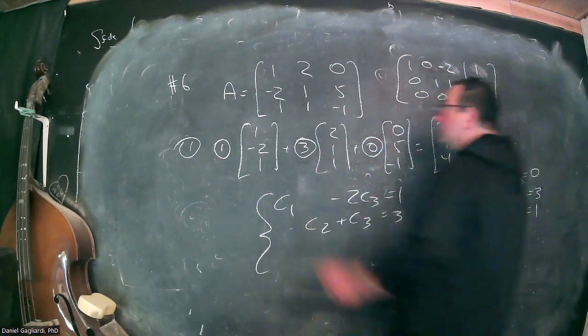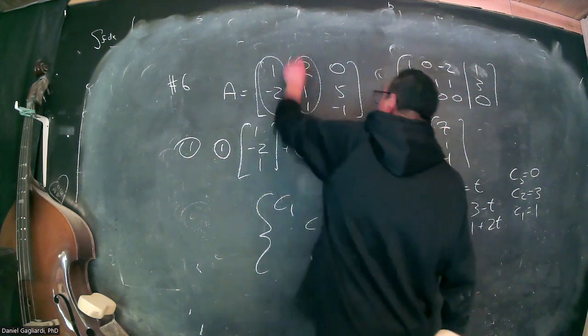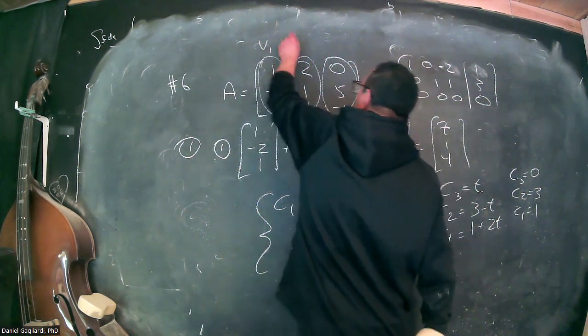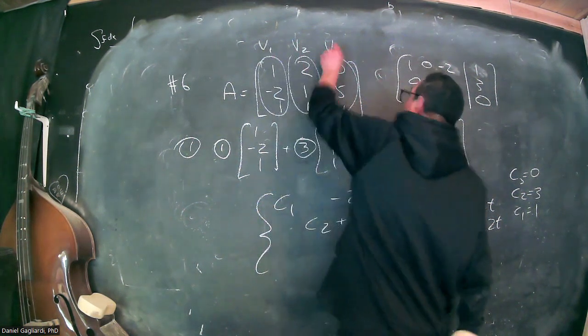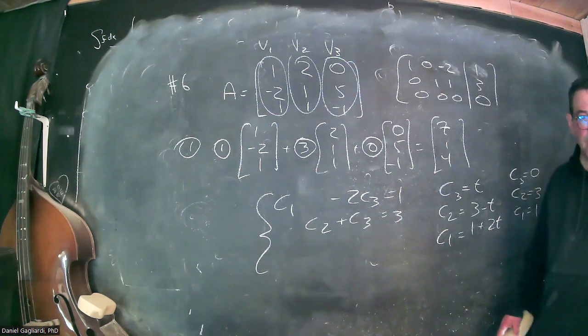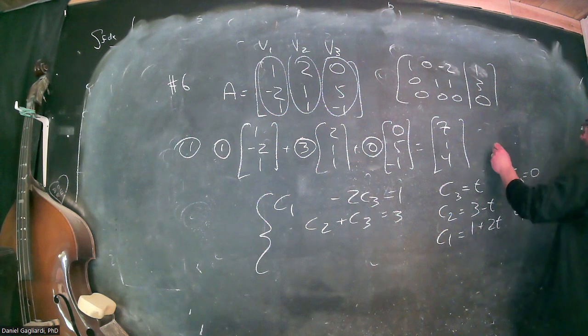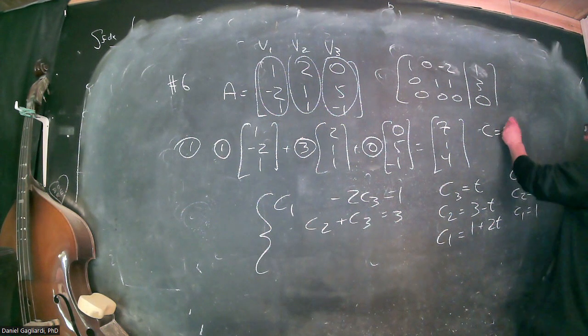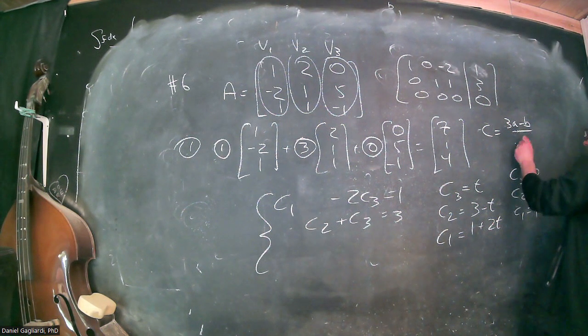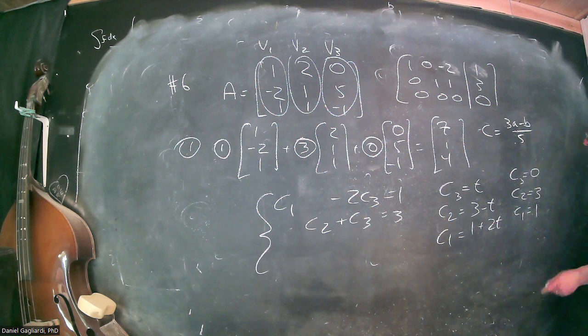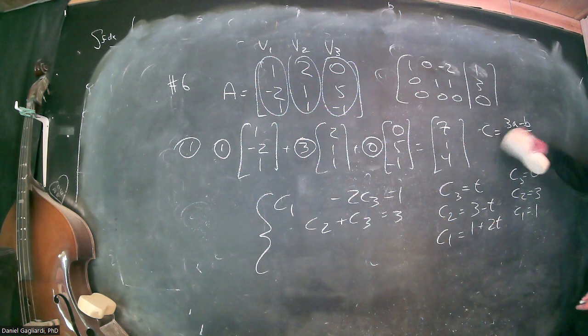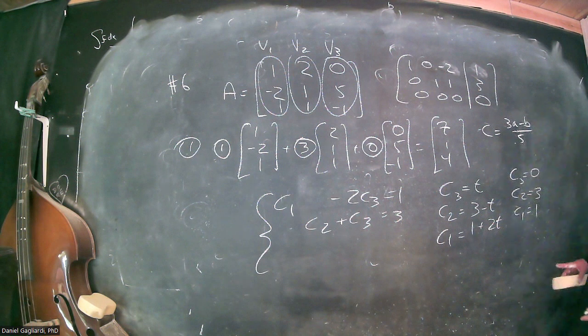So 7, 1, 4, as predicted, is going to be in the column space of the matrix A. That means these three vectors, which I'll label v1, v2, v3, will carry us to 7, 1, 4. But there are conditions, right? I'll reiterate that C is going to be equal to (3a minus b) over 5. So A and B can be anything we want them to be, but C has to be equal to this number, then we can get there, right?